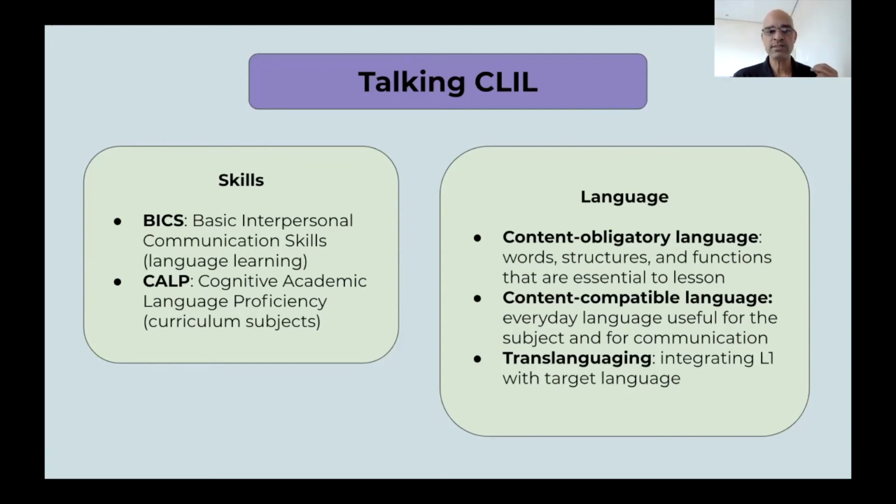But when you are studying a subject in another language, then you need CALP. You need the academic language for that subject area or content area. So CALP is school language, right? Even native speakers, they develop CALP when they go to school, right? Your parents may not teach you concepts of chemistry or math, but you learn those concepts when you go to school in your first language.